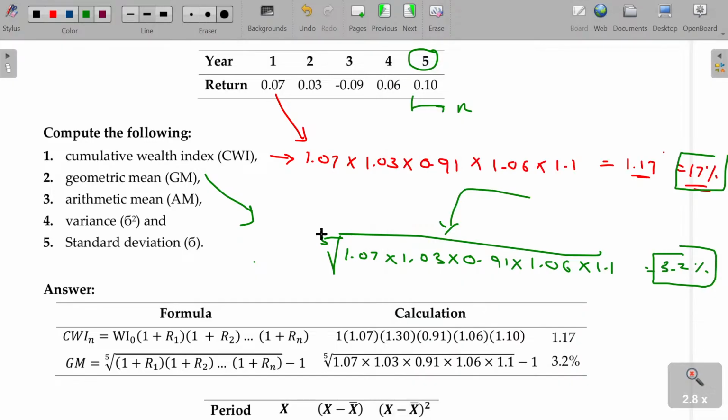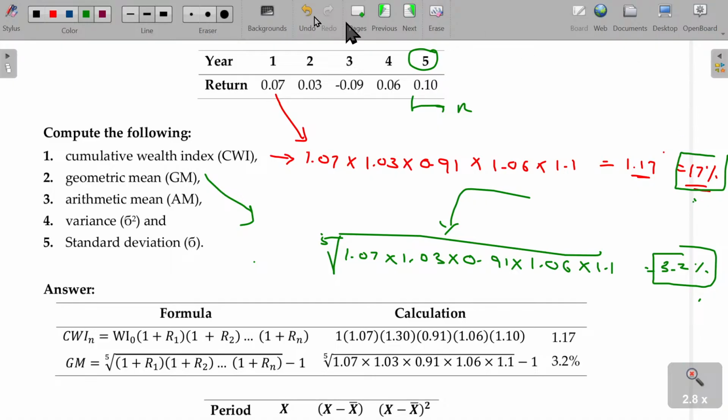So, between the cumulative and geometric mean, which is superior? This is not so. 17% is the overall return for the 5 years. 100 becomes 117 over the 5 years period. But geometric mean says 3.2 is the return you are getting every year. If you are compounding this rate, you will be getting 17%. That's the logic here. Hope you will now be able to understand these two.